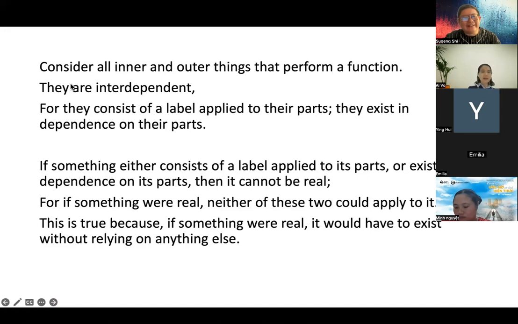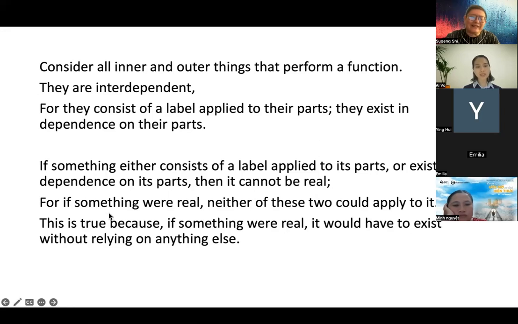Another thing, okay, they are interdependent. Changing things are interdependent because they consist of a label applied to their parts. Okay, so we give a label to their parts. Therefore, they exist in dependence on their parts. If something consists of a label applied to its parts or exists in dependence on its parts, then it cannot be real.